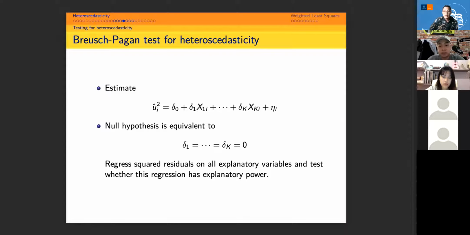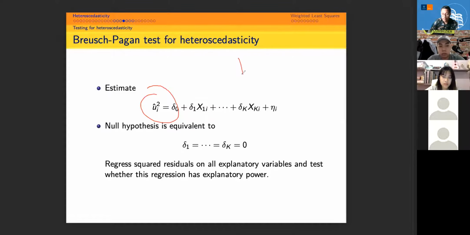The idea is that if the squared estimated residual is correlated with a particular variable, or with a set of variables, then there is potential heteroskedasticity.